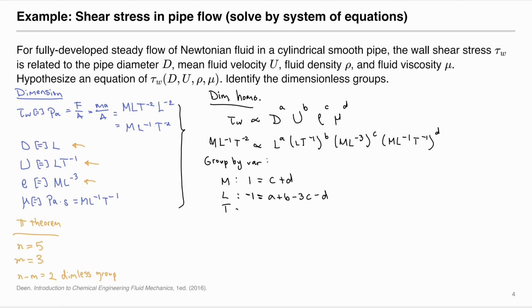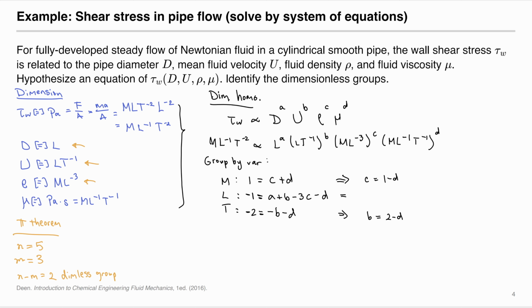And for T, I have -2 is equal to minus b and then minus d. I can rewrite these equations. So the first equation I can rewrite as c is equal to 1 minus d. The third equation I can write as b is equal to 2 minus d.